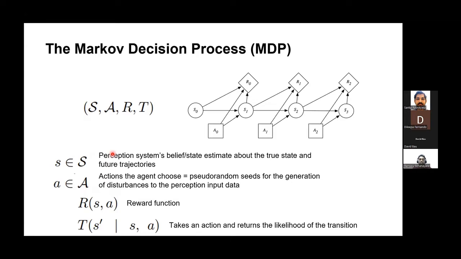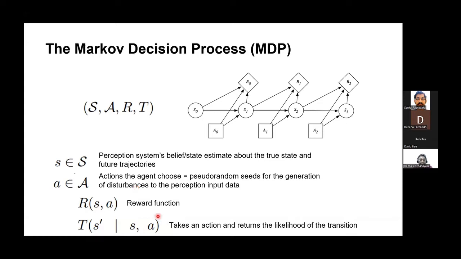That's what we consider as our state space. And our actions, this is the most important thing. Actions are the actions the agent chooses. Those are basically the pseudo-random seeds for generating the disturbances to the input data.